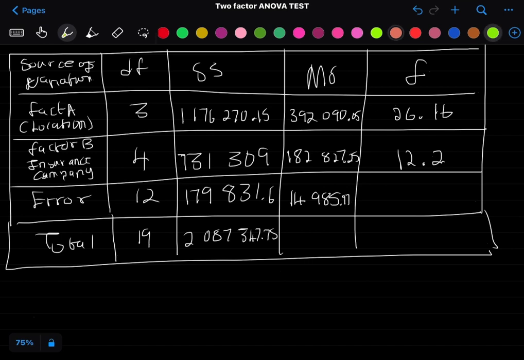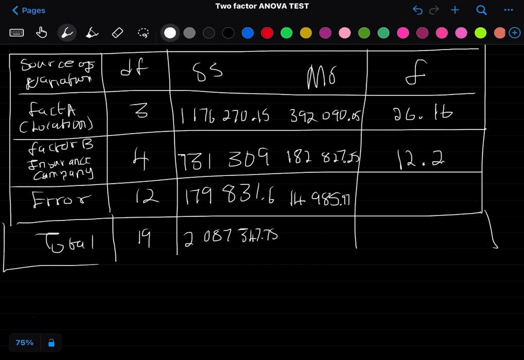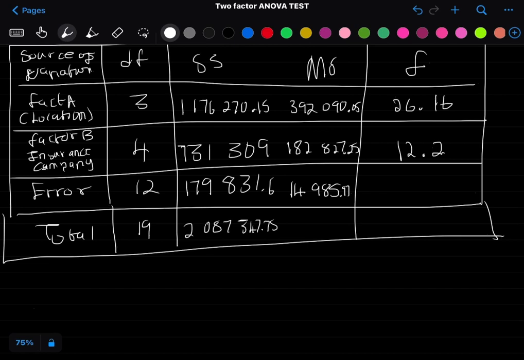Now, one thing that you have to know is that if F is much greater than 1, then we know that our null hypothesis is false.